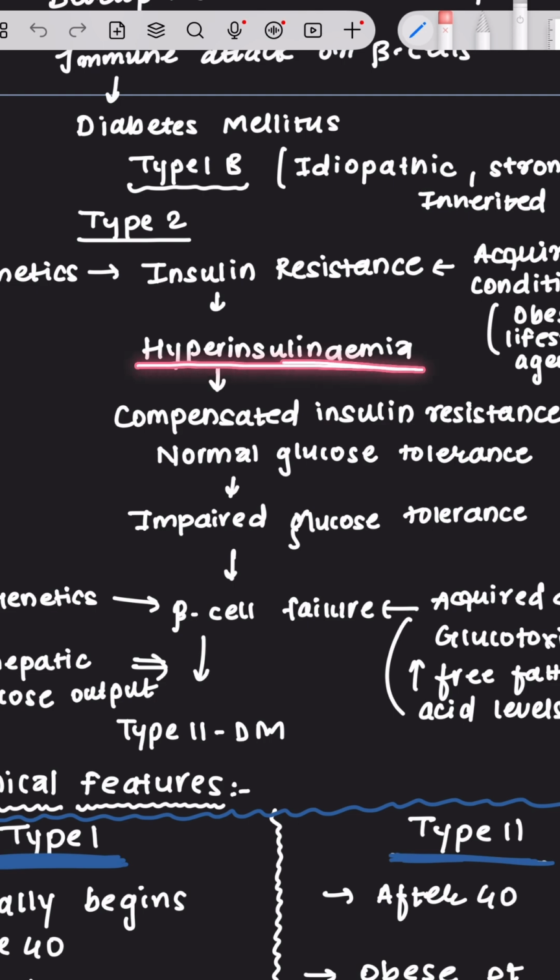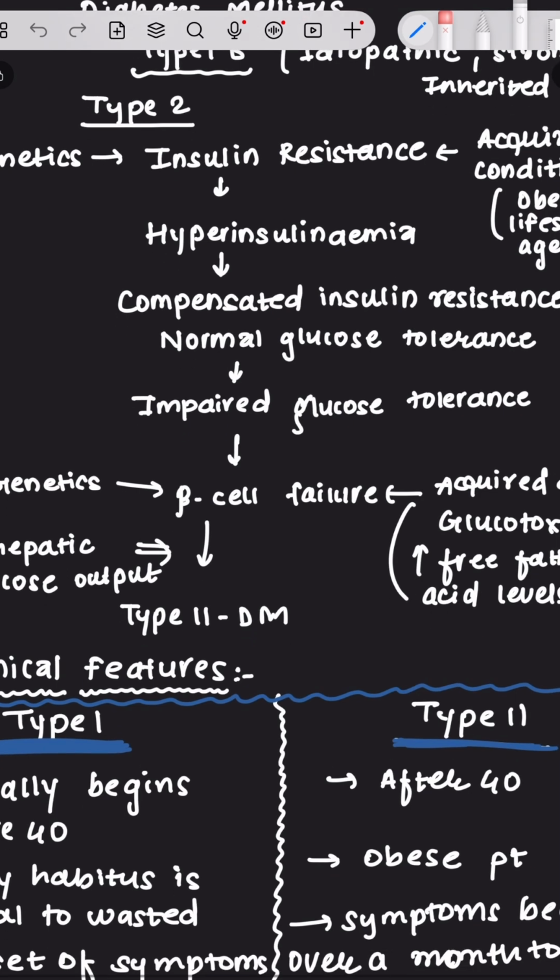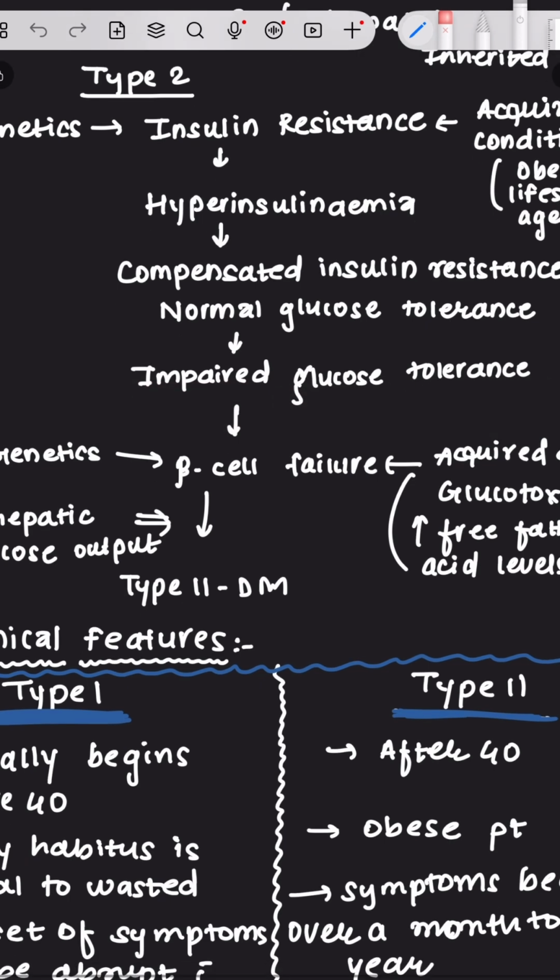So there is hyperinsulinemia due to resistance of insulin in the body. Due to this hyperinsulinemia, there is compensated insulin resistance and normal glucose tolerance.